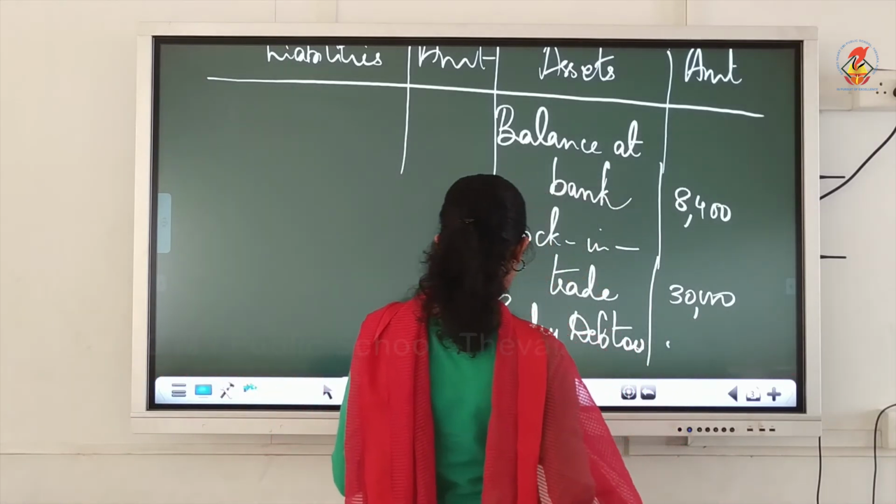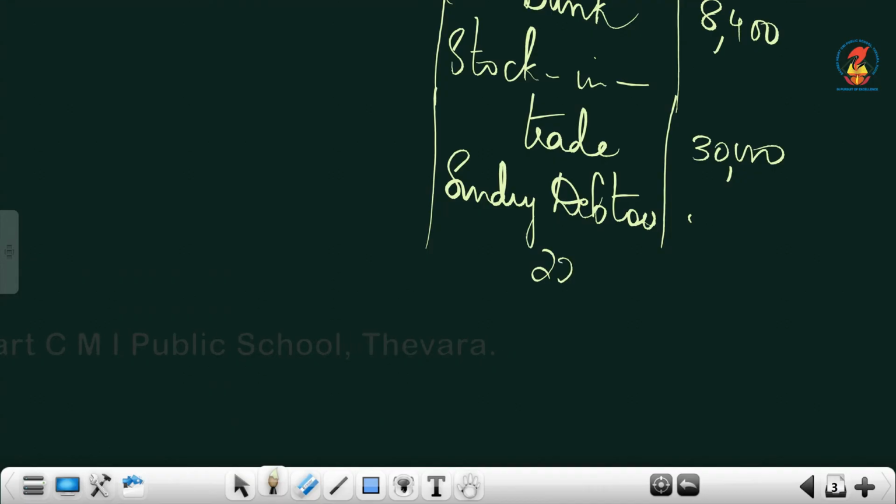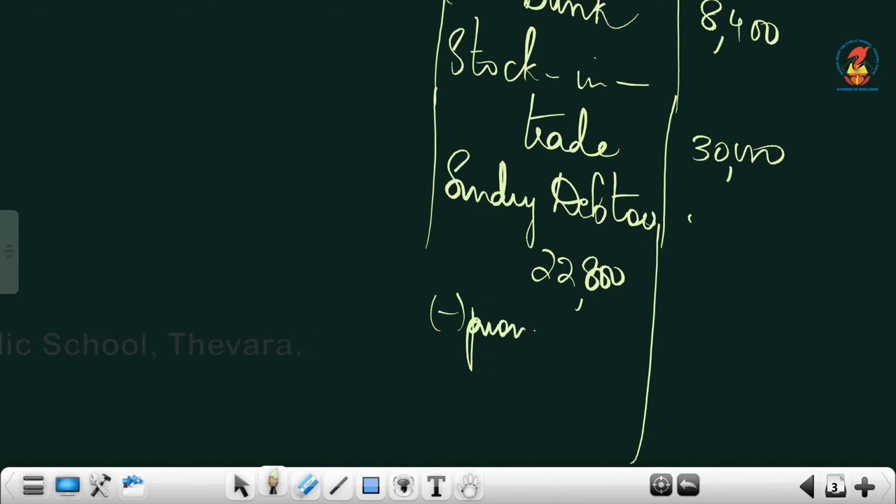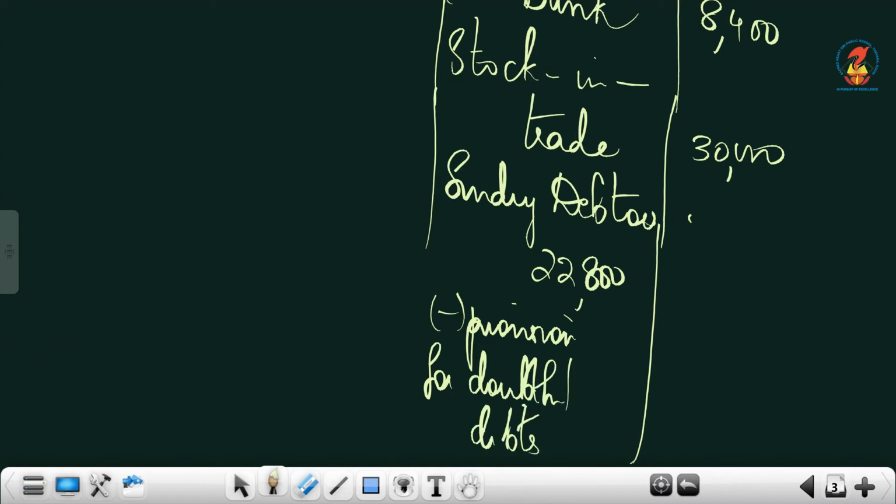So 22,800 should come in the inner column, and then we'll write less provision for doubtful debts. That is 5% on debtors. So you have to compute 5% on debtors, that is 2000.